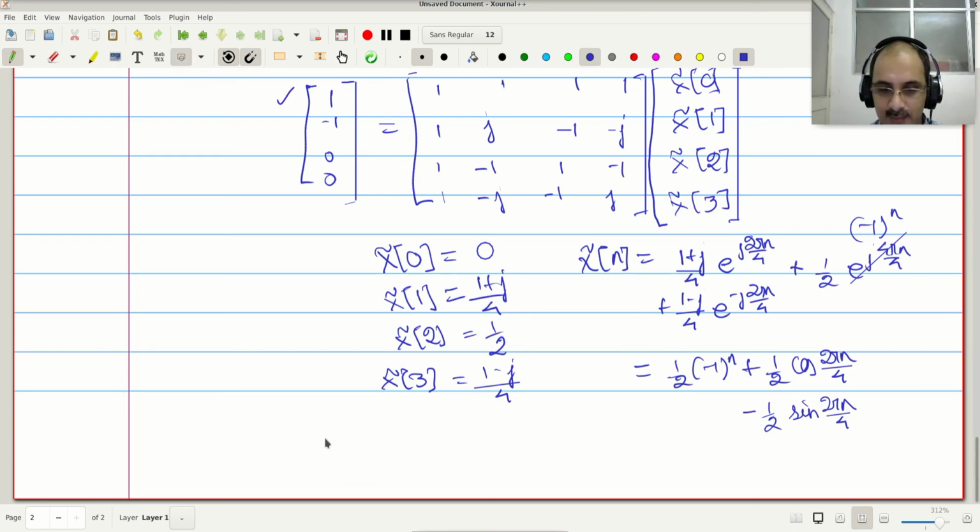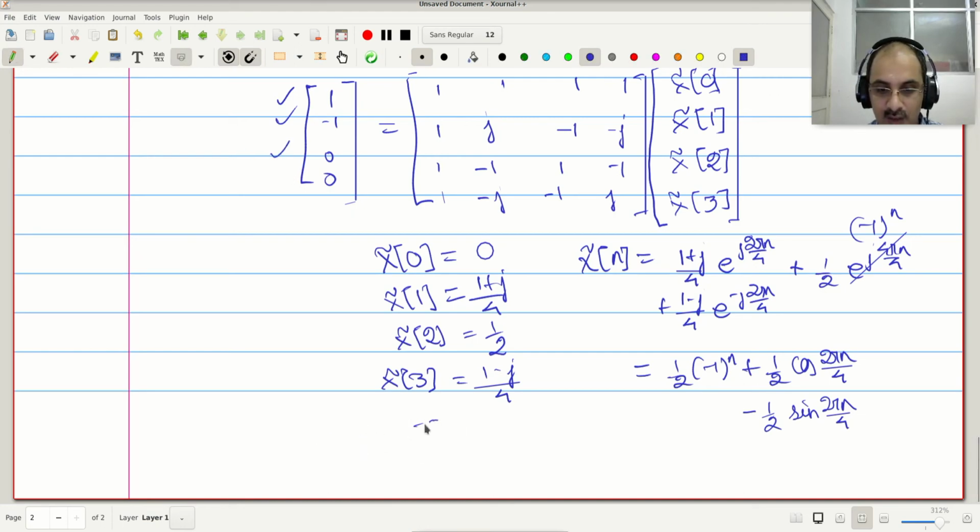Let's say when n is 1, minus half plus, now when you put n is 1, this is pi by 2, this becomes 0. And the second one actually comes into the picture, you get minus half, which is minus 1, which matches this. Excellent. When you put n is 2, you get half plus, and when you put in this 2, this becomes cos pi, which means minus 1, half plus minus half, and then when you put in this 2, this becomes 0, you get 0, which matches the third one.